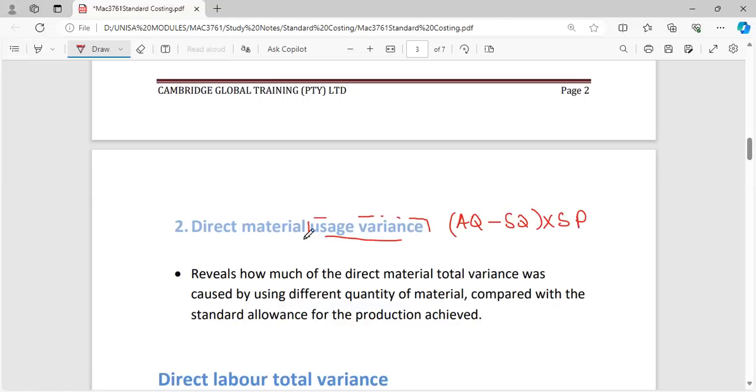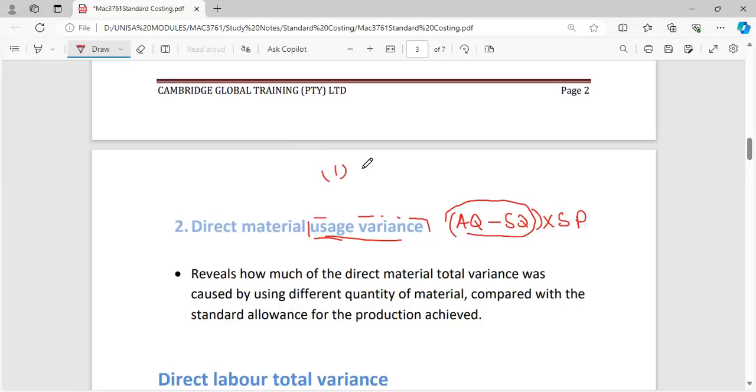Here you look at the usage, which means you are looking at the material that was used. So in standard costing, we only have two things that we should look at.